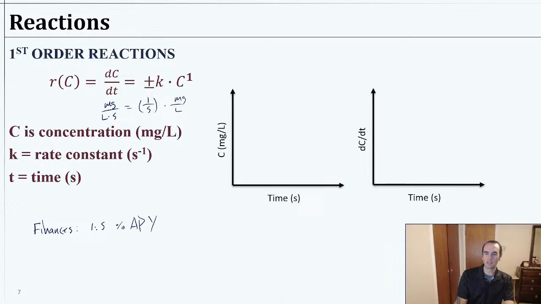What they're talking about is some number here, 1.5%, so that's referencing the amount that's there right now per year, or the annual part is telling us per year. So this is just really some number with a year to the -1 unit.